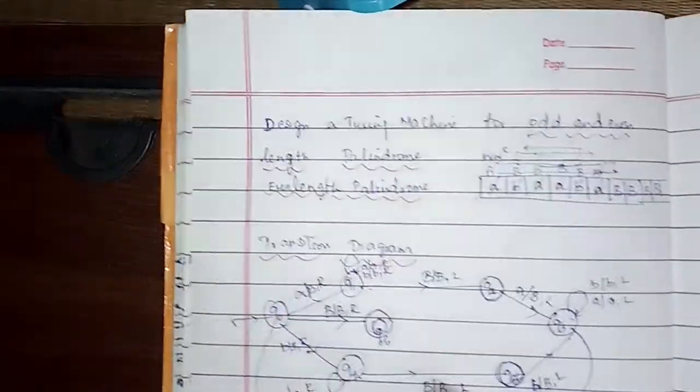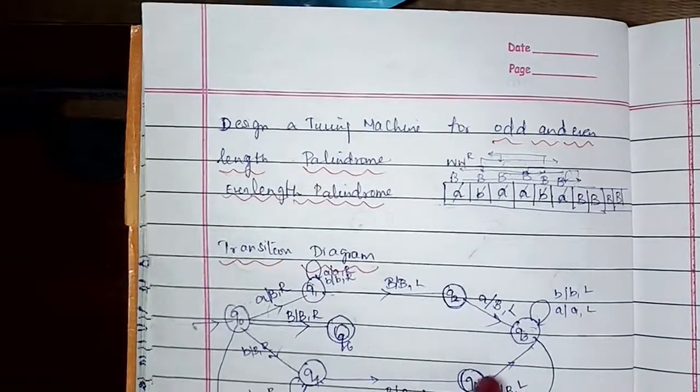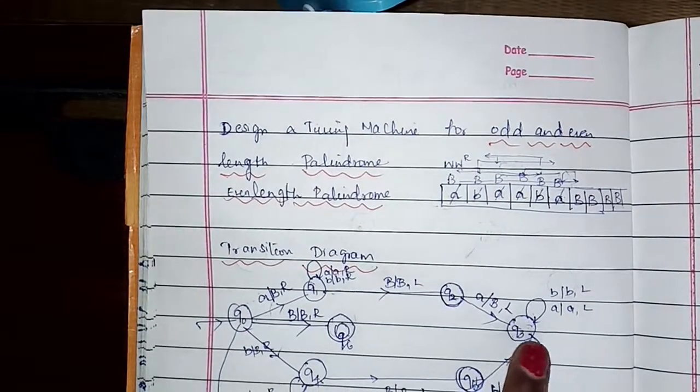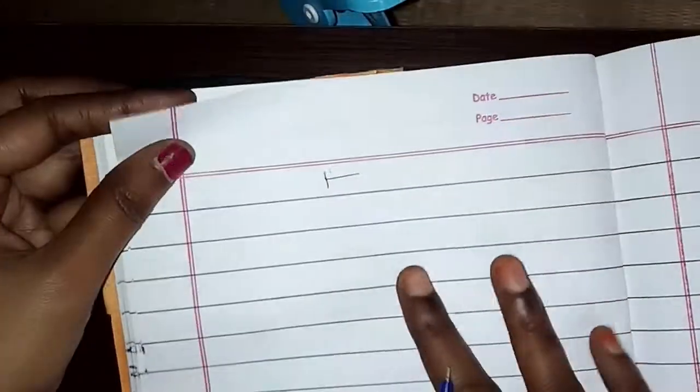What is Q3 on blank? So when it sees this blank symbol, right, you have to make it as Q0. So it is going right direction.